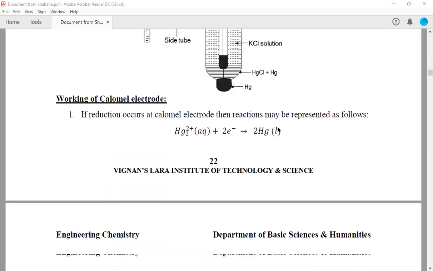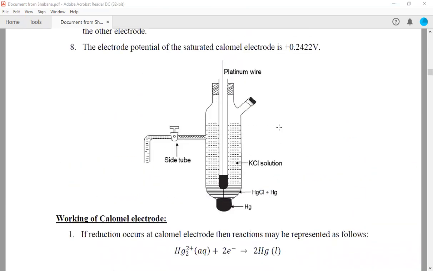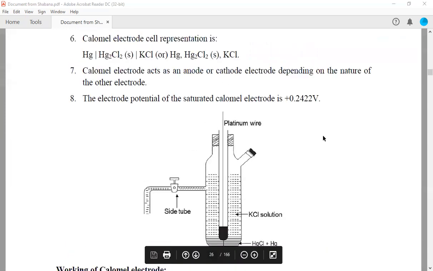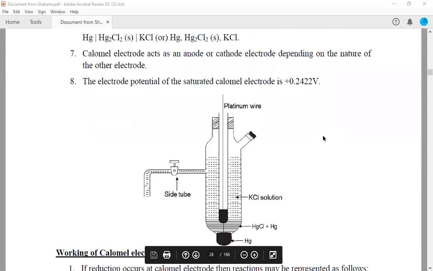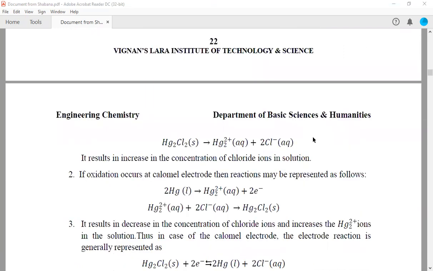Coming to the working of the Calomel electrode, if reduction occurs at the Calomel electrode, then it is represented like this: Hg2 2+ with 2 electrons gives rise to 2 Hg, which is in the liquid state.